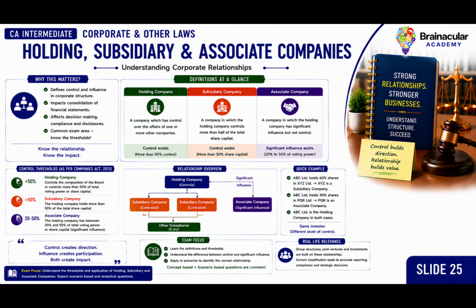First is associate should have more than or equals to 20% voting power, but it should not be subsidiary. Okay. So we'll study the ownership spectrum.